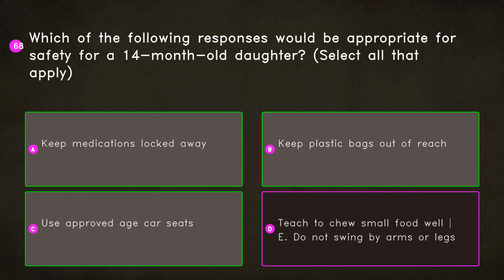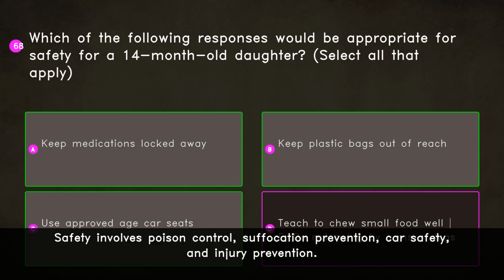The correct answer is keep medications locked away, keep plastic bags out of reach, and use approved age car seats. Safety involves poison control, suffocation prevention, car safety, and injury prevention.